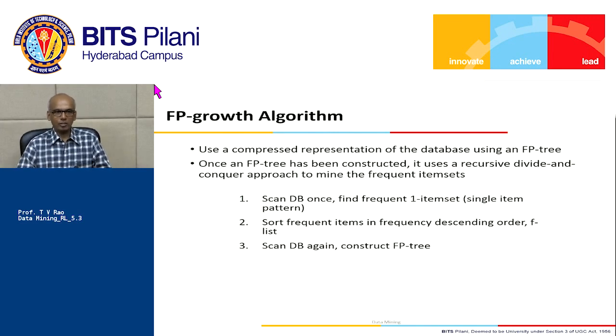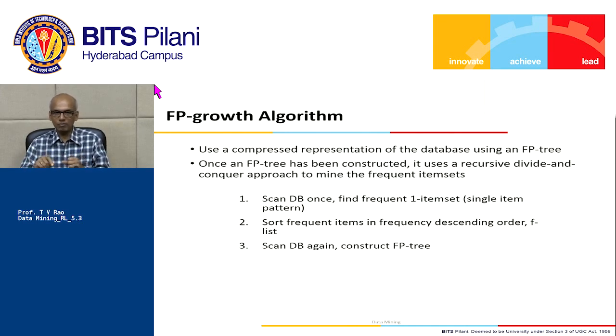We construct a tree which we call a frequent pattern tree. How do we go about it? First, we scan the database once. That is the minimum that is required, so we understand what is available in the database, and then we identify all the frequent one-item sets. Then we sort the frequent items in the order of frequency.